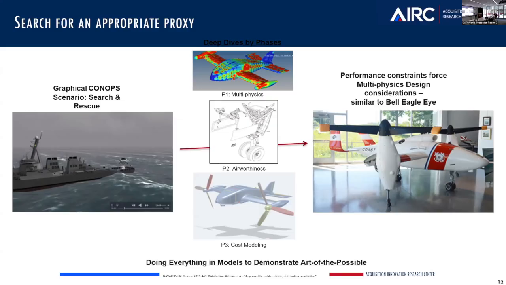Essentially, the idea would be that this search and rescue UAV would have to land at a high rate and high speed, which essentially causes a lot of challenges on the landing gear.